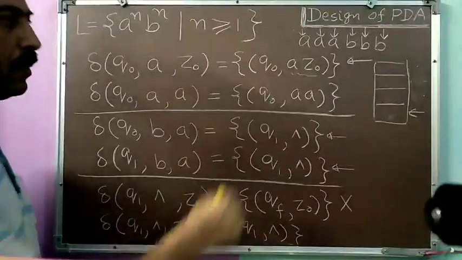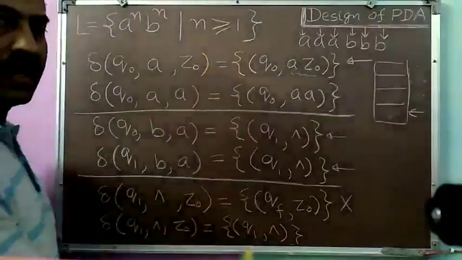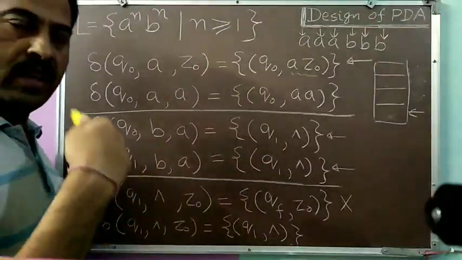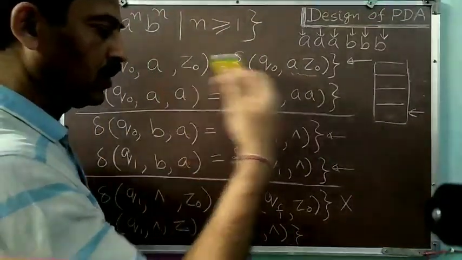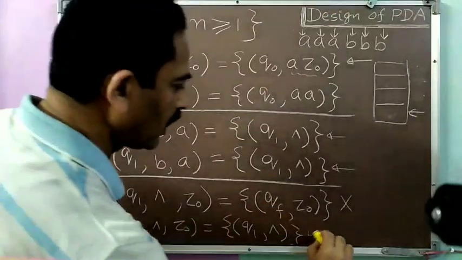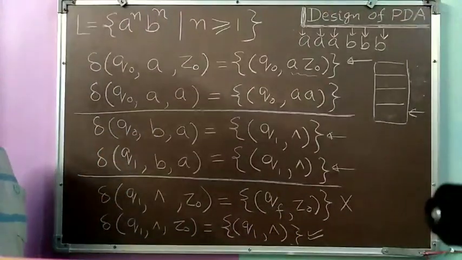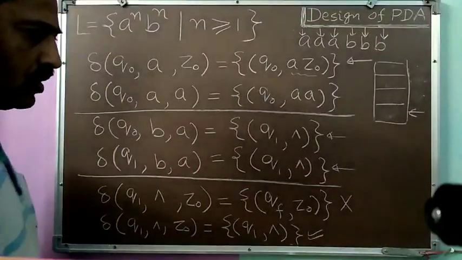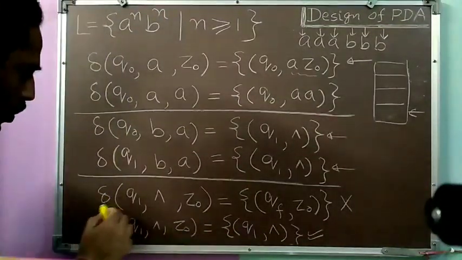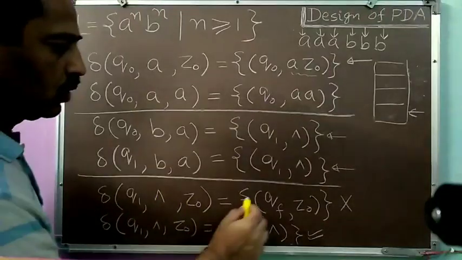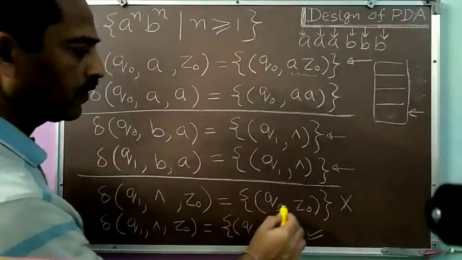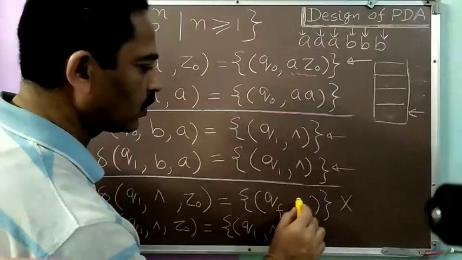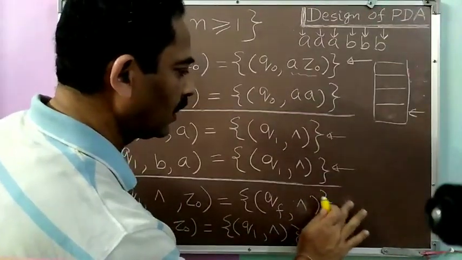So if I have to accept my string, I have to design the PDA which gives the success by null store. Then I will write this kind of transition. Okay, I can do one more thing. Rather than writing these two, in this situation delta Q1 null Z0, I can write QF, and in place of Z0, I write a null here.